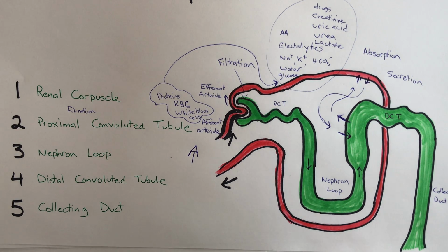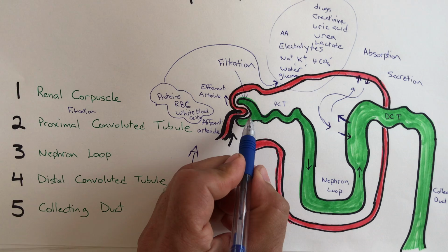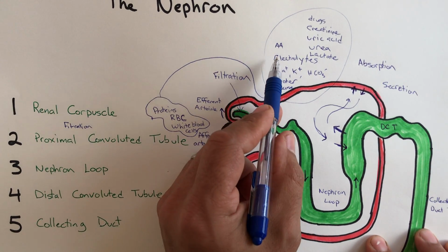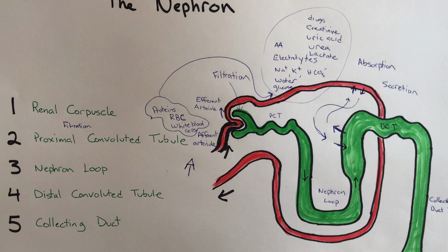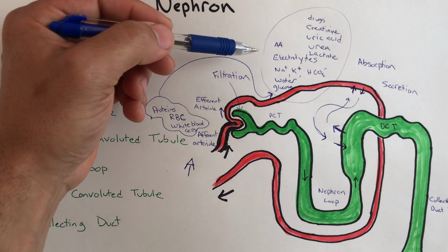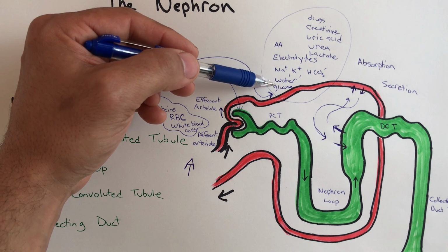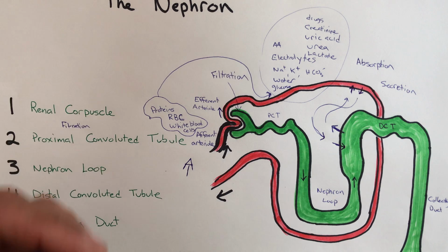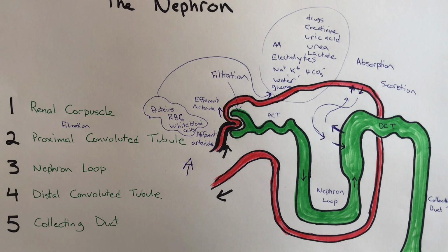But then we have things that are small enough. You have to know. We're talking electrolytes like sodium and potassium and bicarbonate, hydrogen. We're talking the building blocks of the large proteins, amino acids. Water is a big factor. Glucose. We have drugs. We have the nitrogenous waste like creatinine, uric acid, urea.